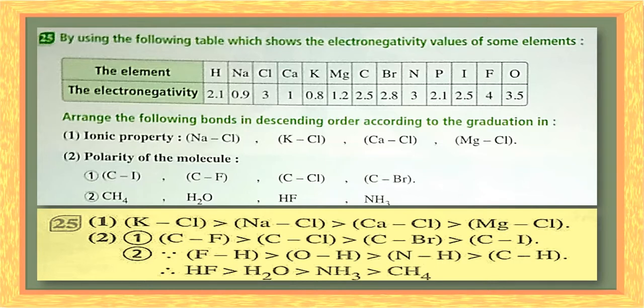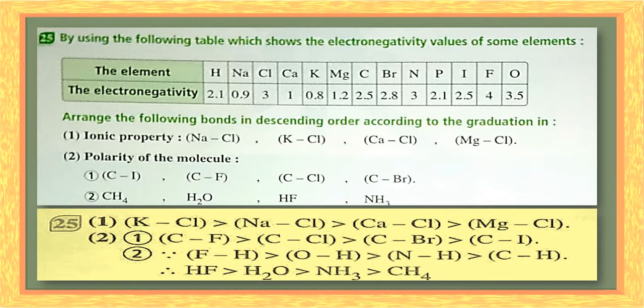Then chlorine is less than it, so we have CF and CCl, then CBr, and the last one will be iodine, as it has the least electronegativity. So the descending order is CF, CCl, CBr, CI.